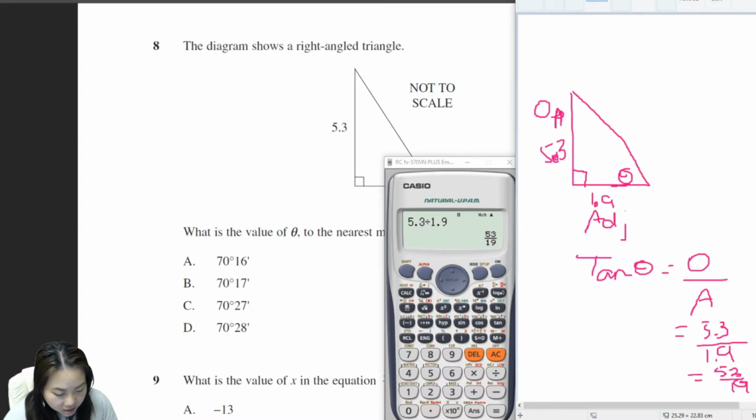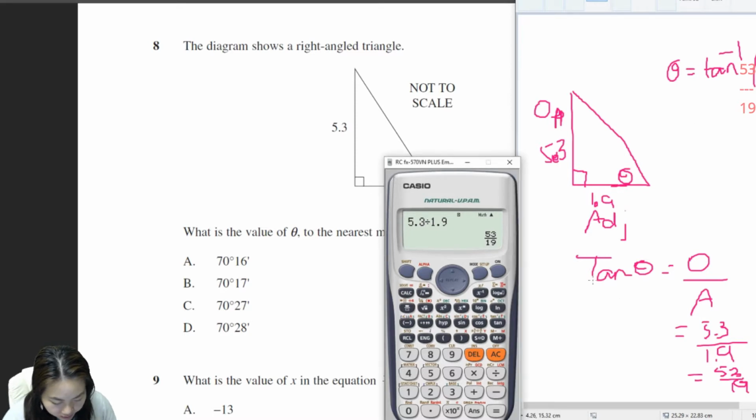We found tan theta, so theta is going to equal inverse tan or arc tan of 53/19. So you just put that in the calculator, you press shift tan, and so 70 degrees and 17 minutes.